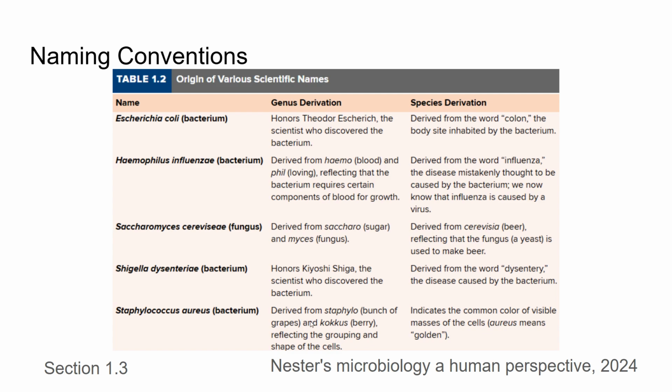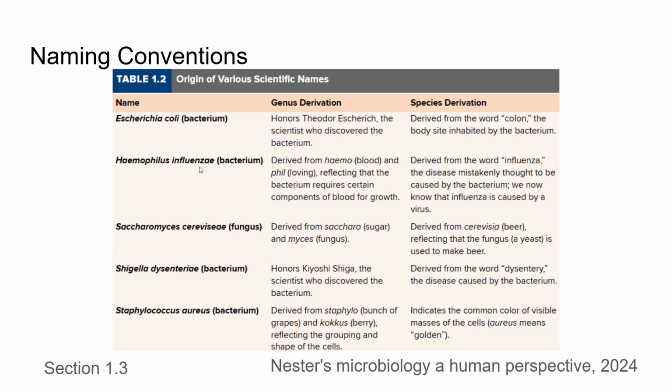So when we go over some of these bacteria or other microbes in the future, we want to know kind of what their names come from. So when we look at E. coli, we see that the genus comes from the scientist that discovered it, and the species name comes from colon, the part of the body where it inhabits.